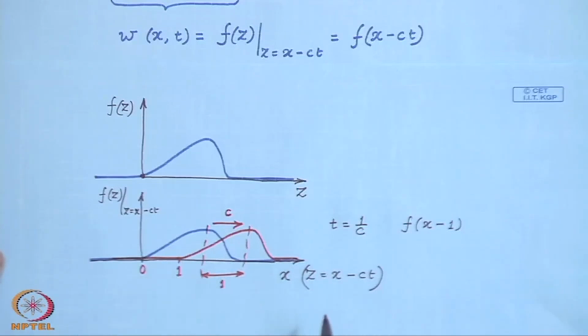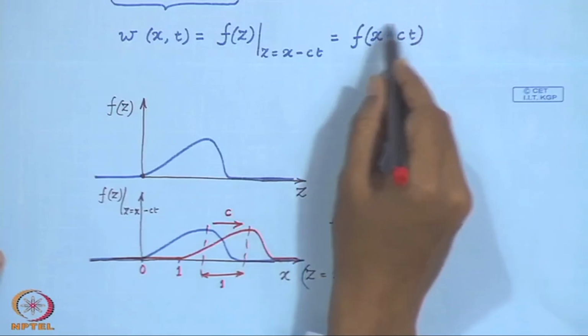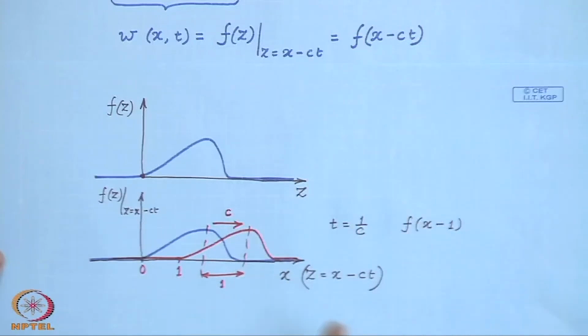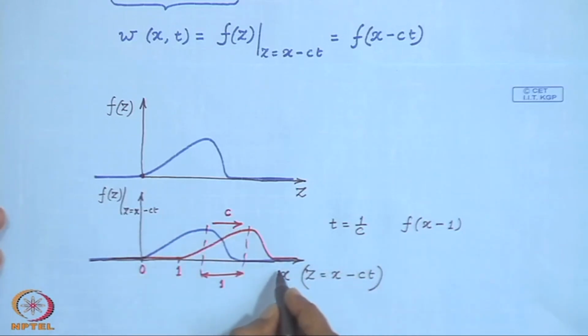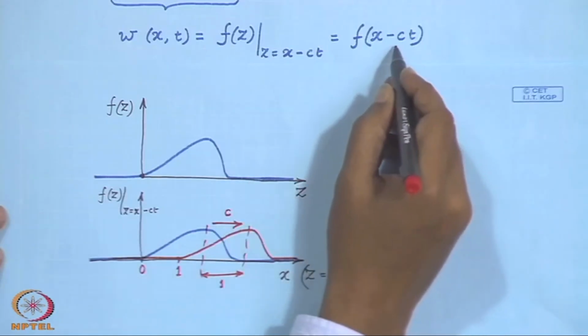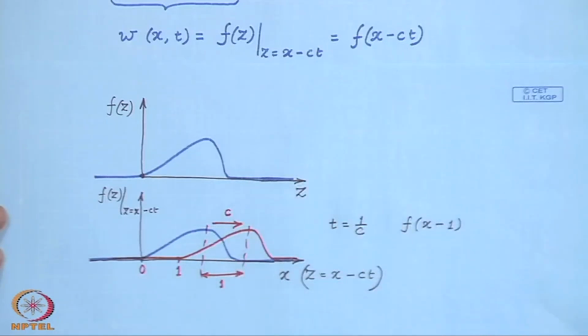Thus, we observe that this solution represents a travelling pulse or a travelling wave in the positive x direction at a speed c.